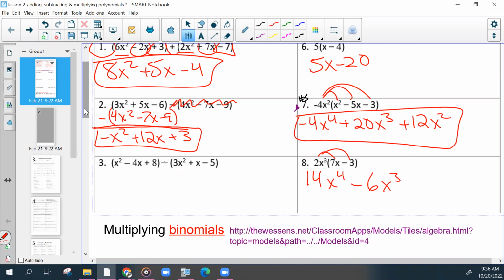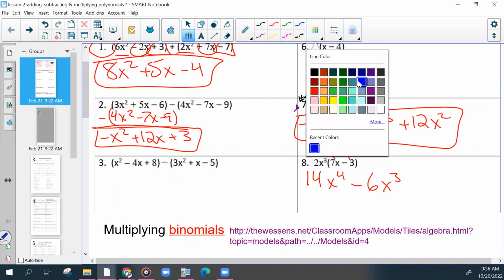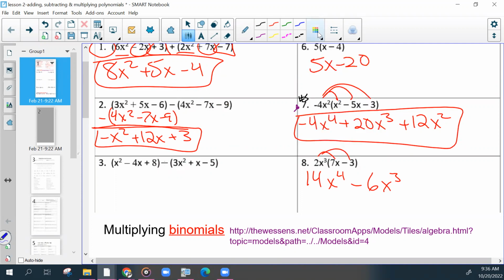You could also, and this is gonna be your preference, take this negative and distribute it, like we've been kind of doing. And rewrite everything. So I'm gonna write it in a long line. 3x squared plus 5x minus 6 minus 4x squared plus 7x plus 9.